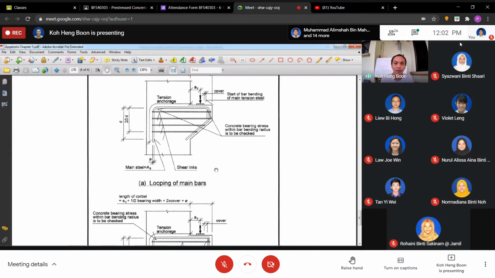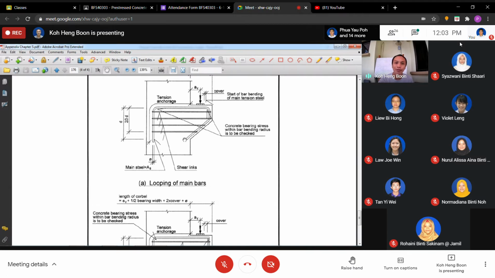Hopefully before 1 we can finish up, because some of it I already showed you at the beginning of this morning, and the beam that I missed out, I will cover it. So these are the main reinforcement. In actual practice sometimes we bend this one out, come here, and bend to here, either we want or we don't want.